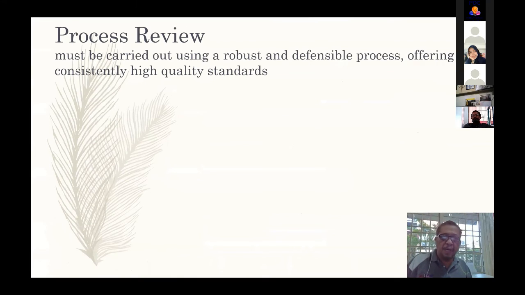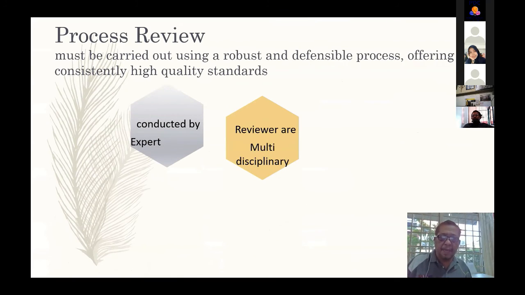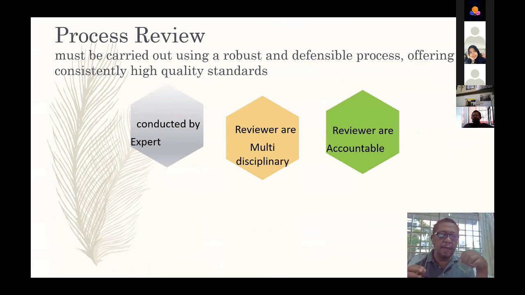Then there is the process review. This review must be done robustly. The aim is to have high quality standards in the product. To do this review, first, it must be done by experts, people who really know about product design and the usage of the product.